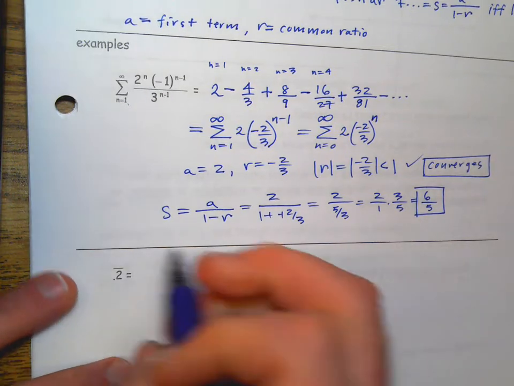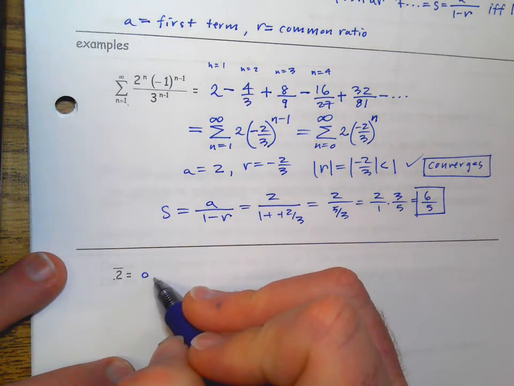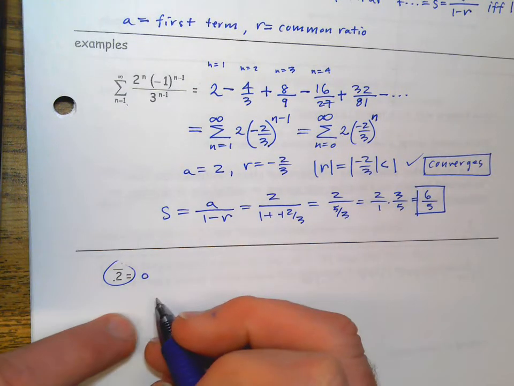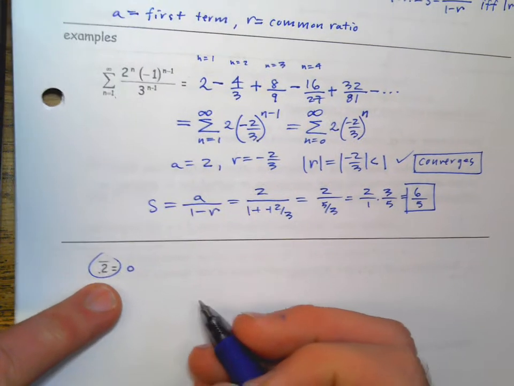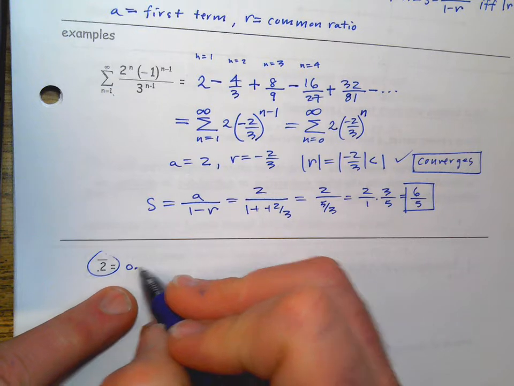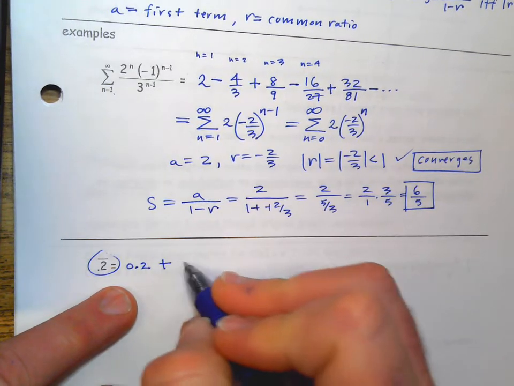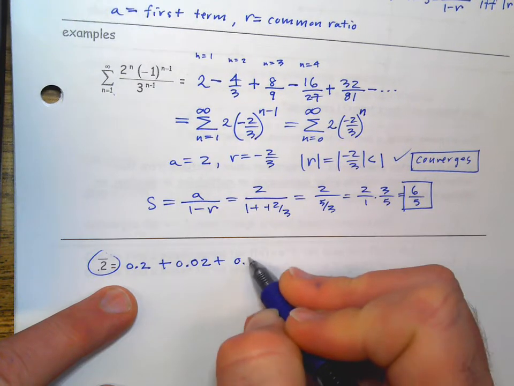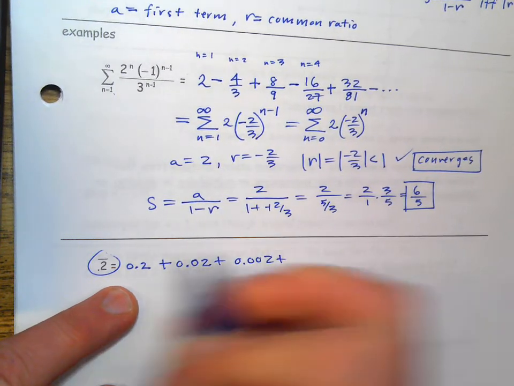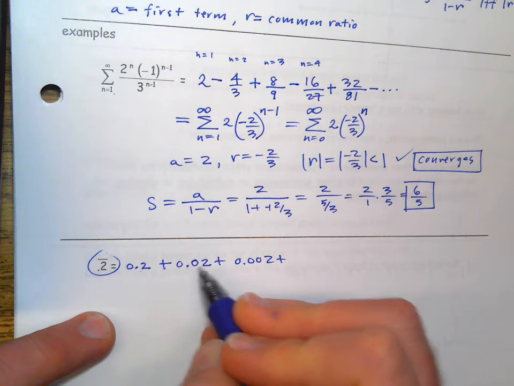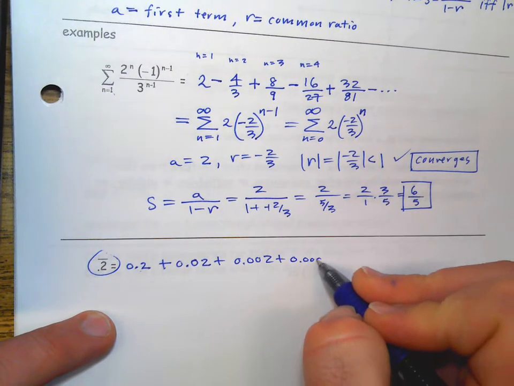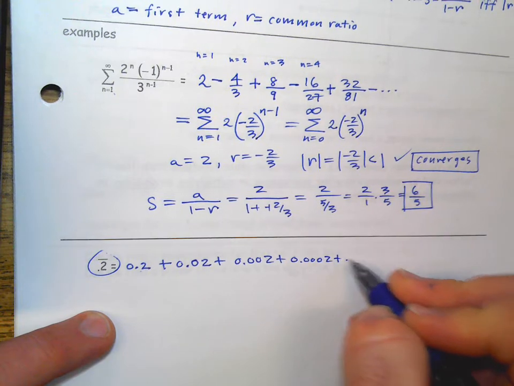All right, let's try another one. Now when you see a repeating decimal, on your next test, I'm going to give you one like this. And I don't want you to use the trick from AP Calc AB. I want you to treat it like a series. So the first thing to do is to try and write it like a series. 0.2 repeating is 0.2 plus 0.02 plus 0.002 plus 0.0002 and so on.